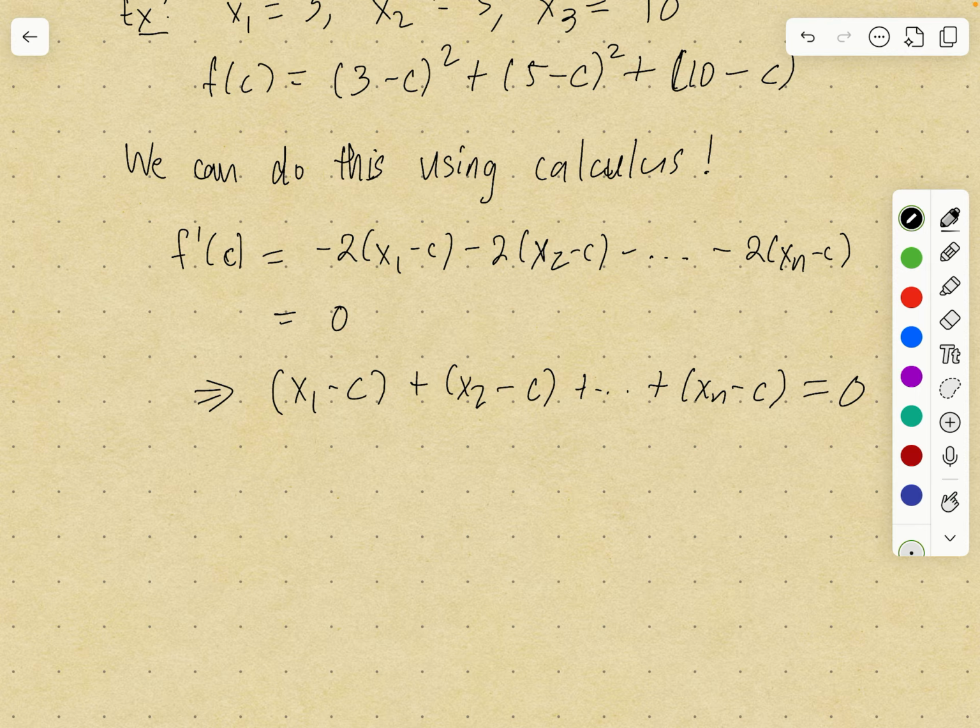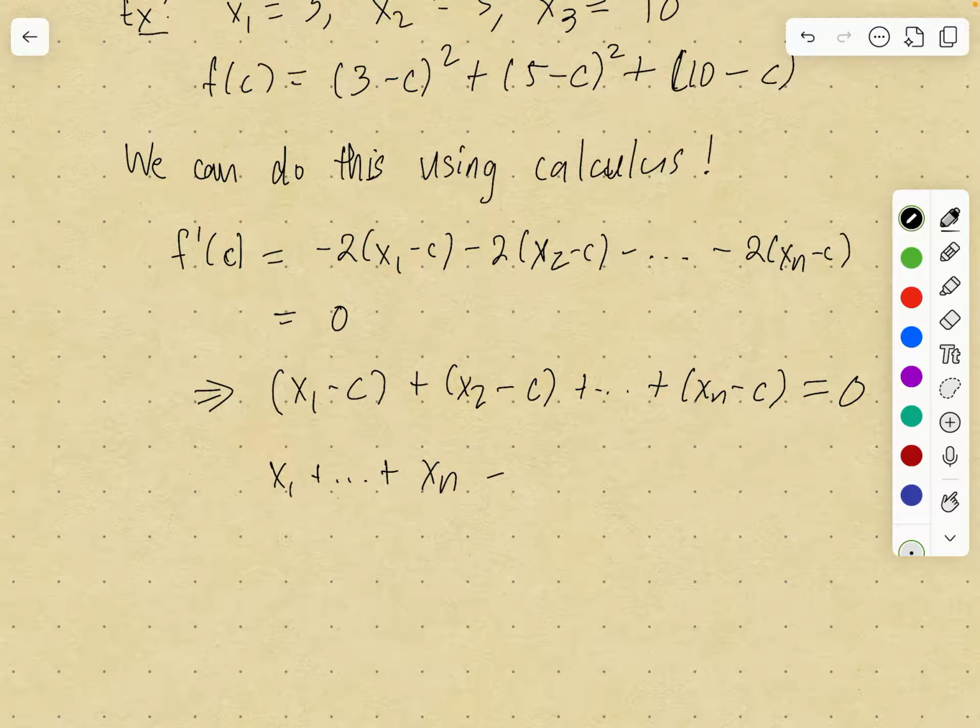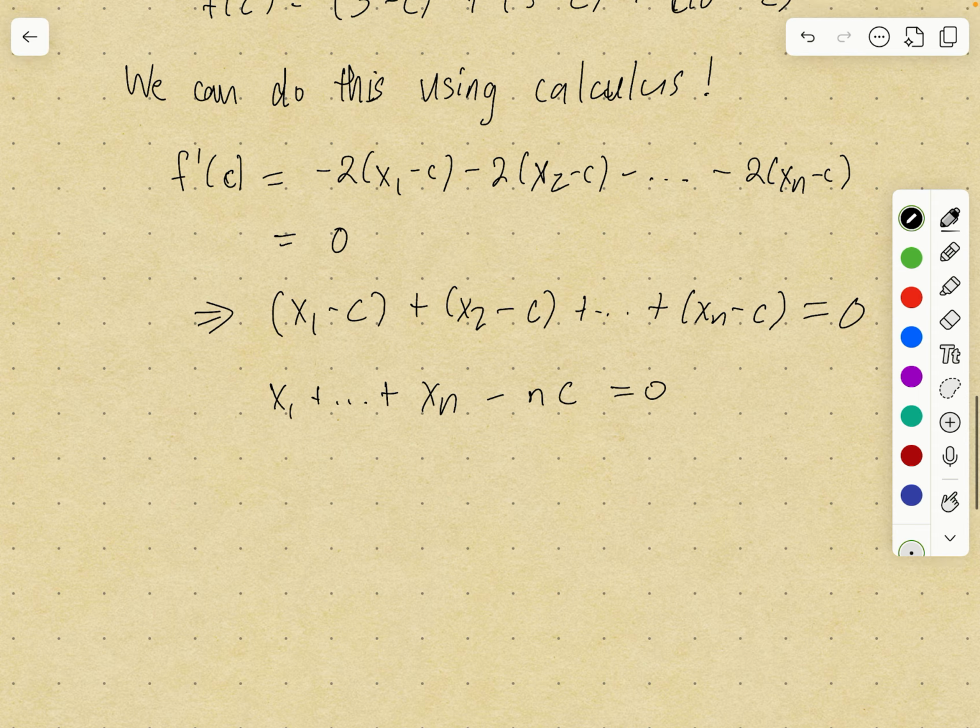If I just combine the c's together, I just get x1 plus ... plus xn, right? And then how many c's do I have left? I have n of them, because I have 1 c for each i from 1 to n. So I get minus nc equals 0.